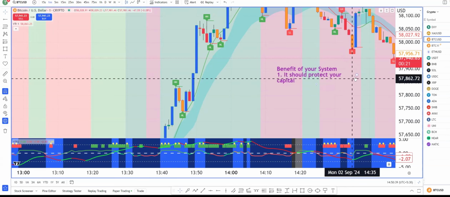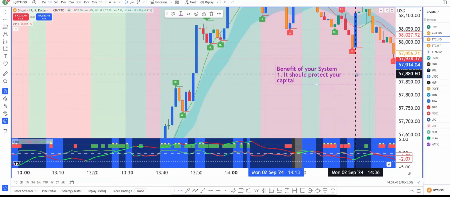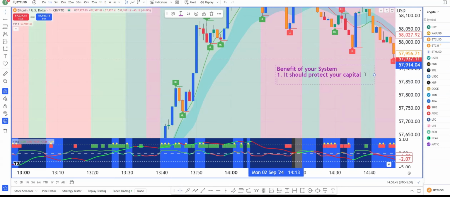If this does not happen, then do not use a system that does not protect your capital. This is the first lesson that every trader should learn. You first make a system for yourself. The primary focus of your system should be to protect your capital.